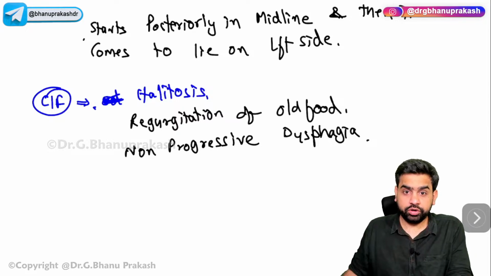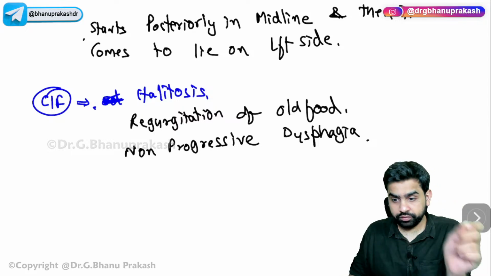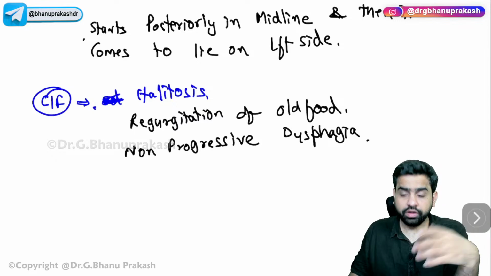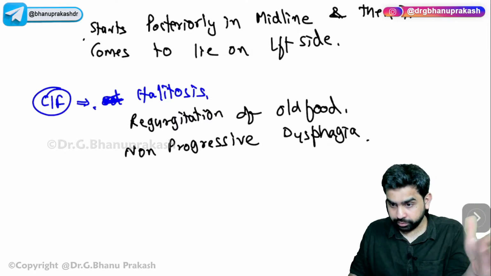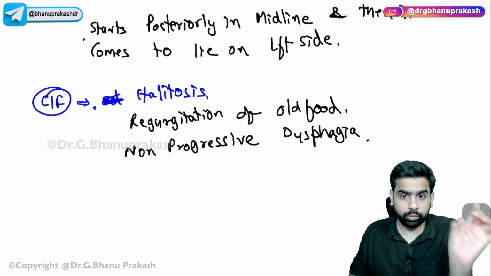So what you need to understand is that there's going to be a non-progressive dysphagia. For example, in achalasia cardia you have a progressive dysphagia, but over here you have a non-progressive dysphagia.